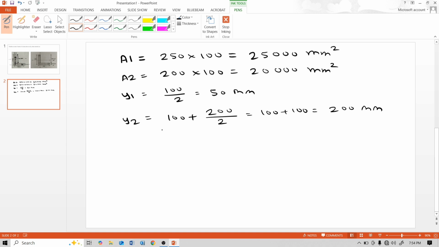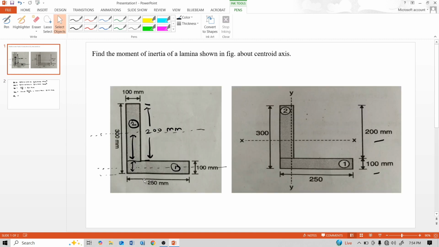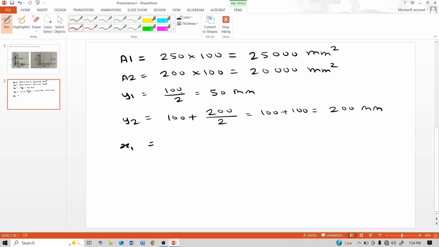Now x1, the horizontal distance from the centroid. x1 is equal to this horizontal distance for one rectangle, 250 by 2, that means 125 mm.